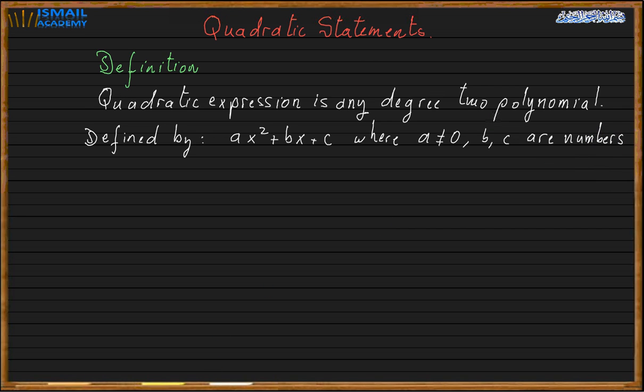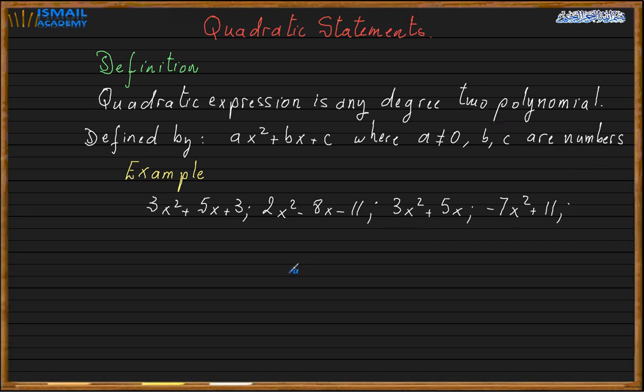So let me give you an example of quadratic expressions. 3x squared plus 5x plus 3, 2x squared minus 8x minus 11, 3x squared plus 5x, minus 7x squared plus 11, 4x squared minus 13, minus 9x squared minus 2.